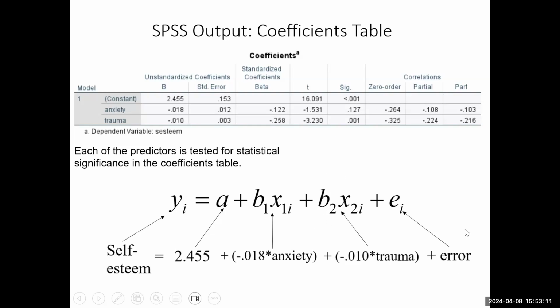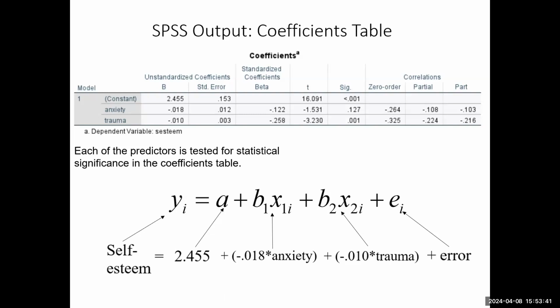And then on the far right in this table, we've got 3 kinds of correlations that SPSS will print out for us. They label those correlations the zero order, the partial, and the part. A zero order correlation in this context is just the correlation between the predictor and the outcome without considering any other information, without considering information related to the other predictors in the model.